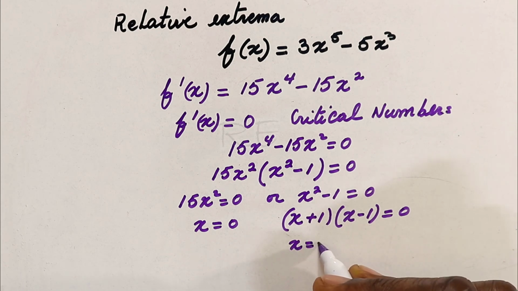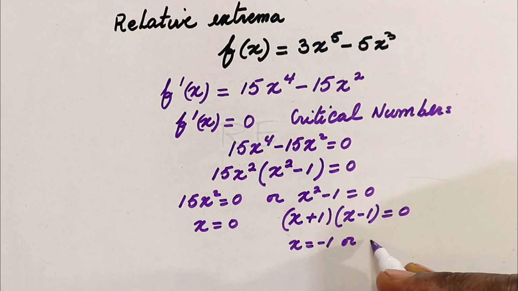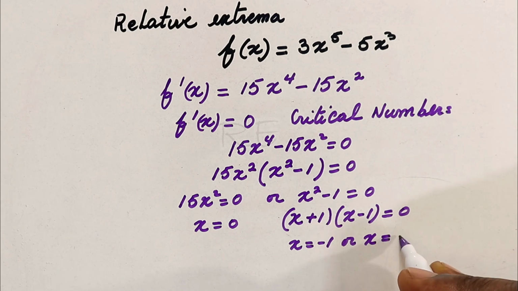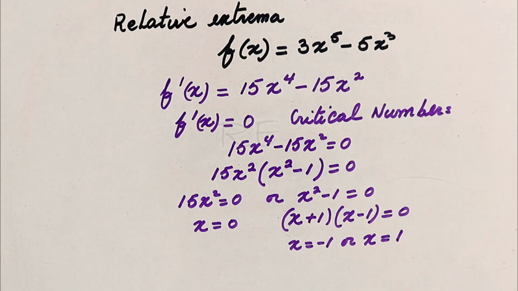So x is equal to -1 or x equal to 1 when we solve the two linear equations. So the critical numbers are 0, -1, and 1.